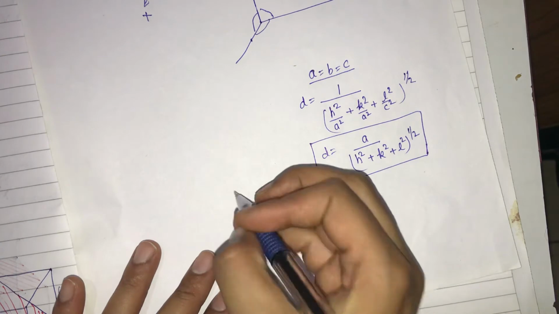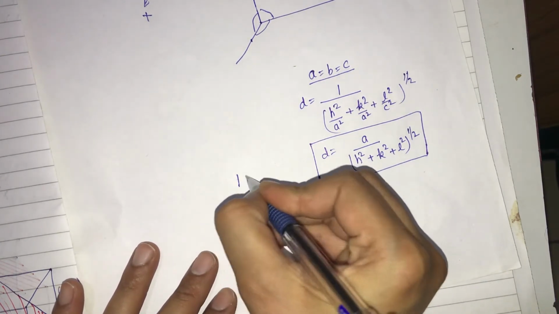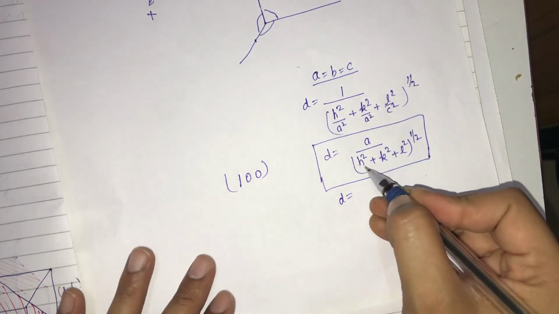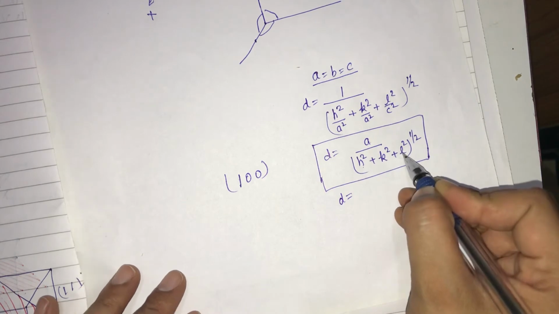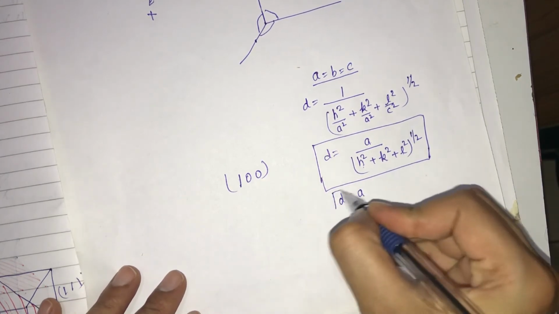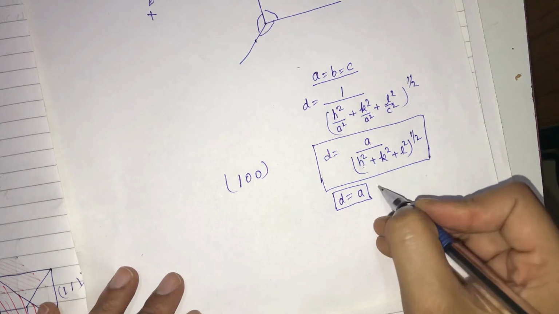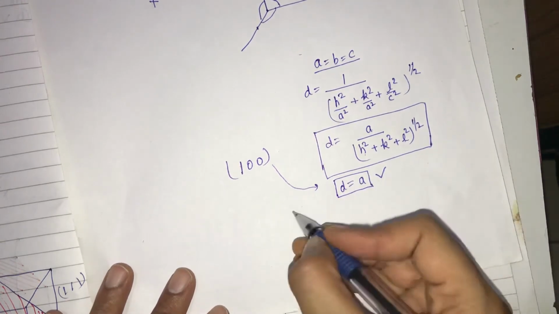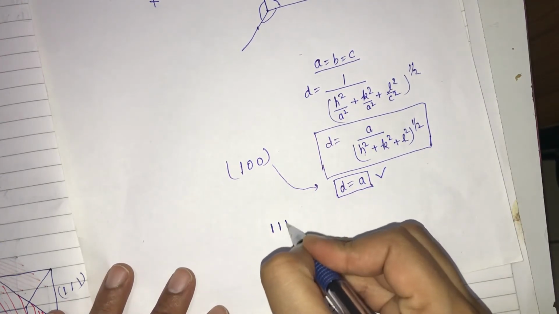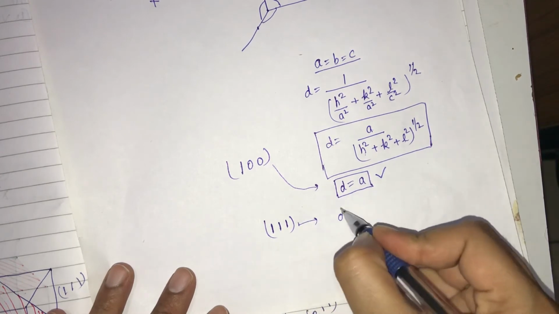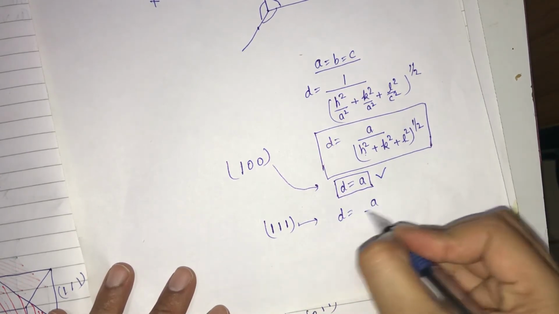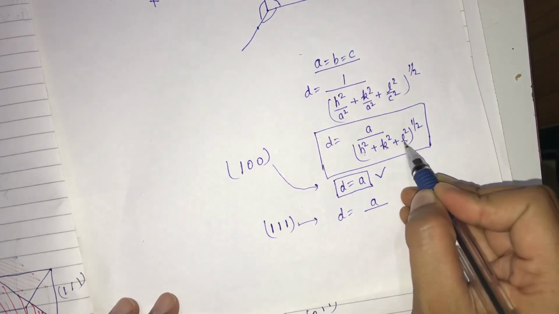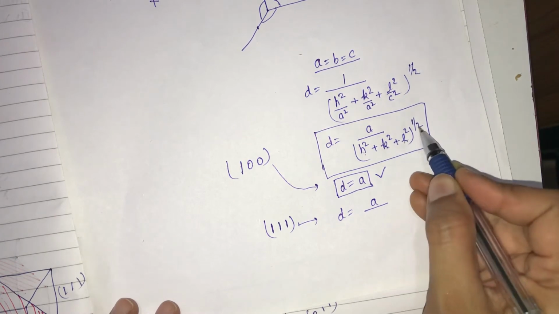First, if the Miller indices of planes are 1, 0, 0, then what will be the interplanar spacing? Then d is a over h square plus k square plus l square, under root, where h is 1, k is 0 and l is 0. So this interplanar spacing will be equal to a, which is the value of the lattice parameter. Next, if the hkl Miller indices are 1, 1, 1, then d will be equal to a over 1 square plus 1 square plus 1 square, which is 3, power 1 by 2.